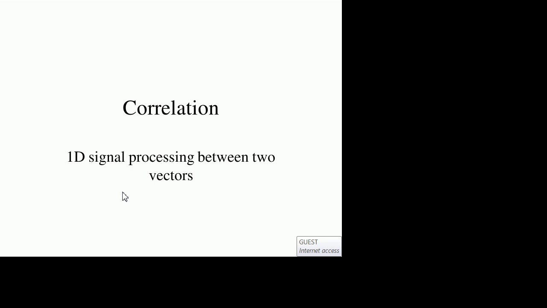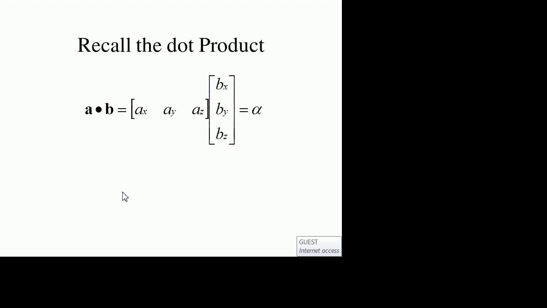In the one-dimensional signal processing world, correlation is between two vectors, where the vectors are just signals coming in sequence. And you can do this in a streaming fashion with a short-time correlation. So if you remember the dot product, everybody remember the dot product?